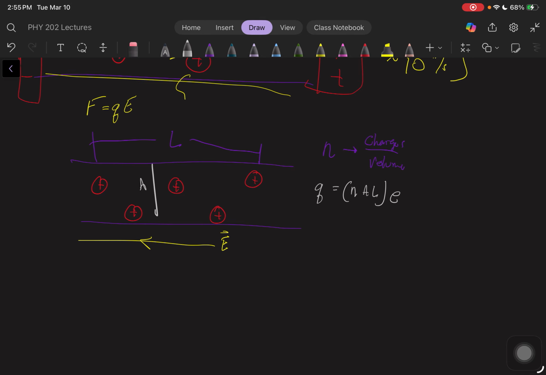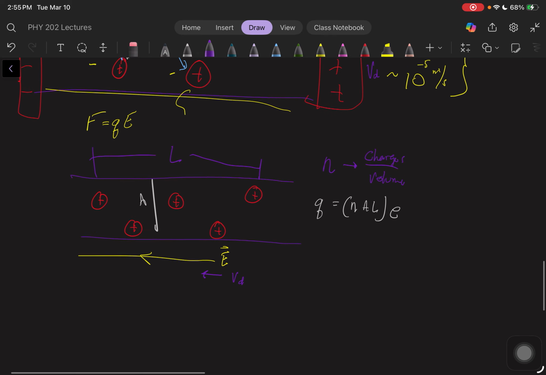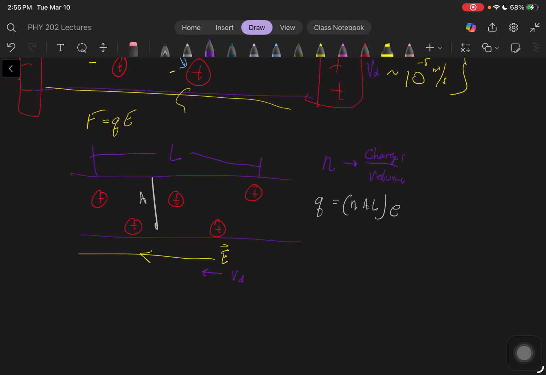It says all of these charges are going to travel with some drift velocity, VD, which here we go, might as well put VD. Ain't that pretty. So the total charge moves through any cross-section of the wire in this time interval.